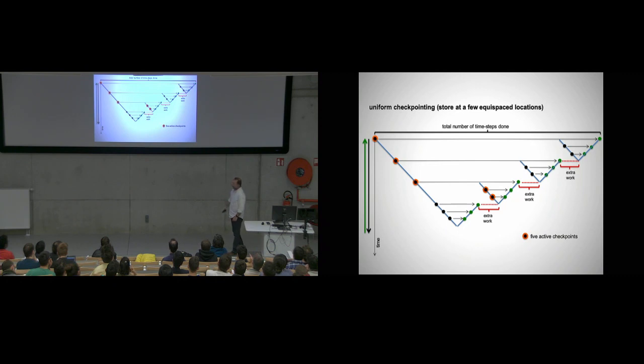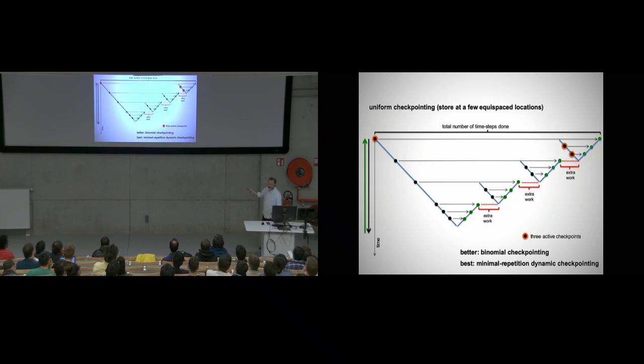I only have 5 active checkpoints stored. And then when I'm in this part, I only have 1, 2, 3, 4, and here I have 1, 2, 3. So I'm not really using my memory optimally, because when I only store 3, I could store 3 more, and they're empty. Okay? So this was not a good distribution of checkpoints.